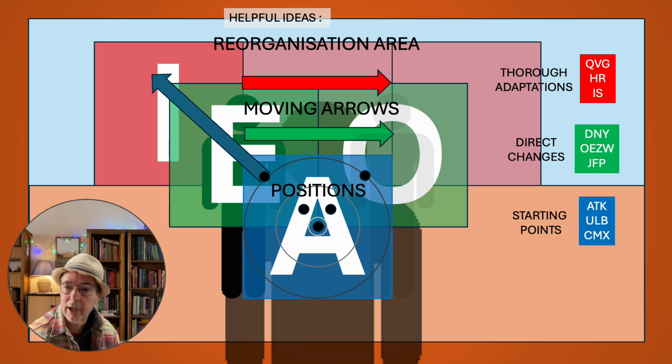And of course we have to count the ATK as 1 point, ULB has 2 points, CME has 3 points, and then also it's always a little bit further away from the middle, so it's in the middle, a bit further away, and at the edges.